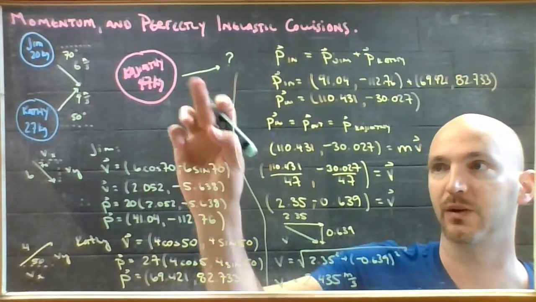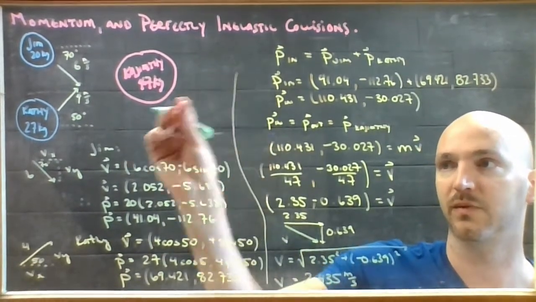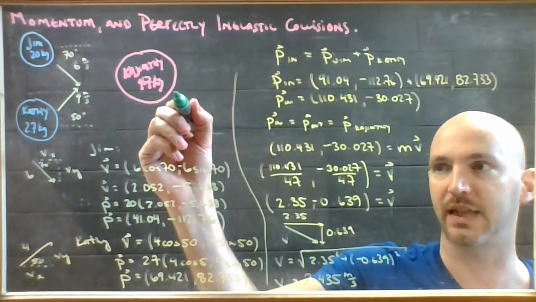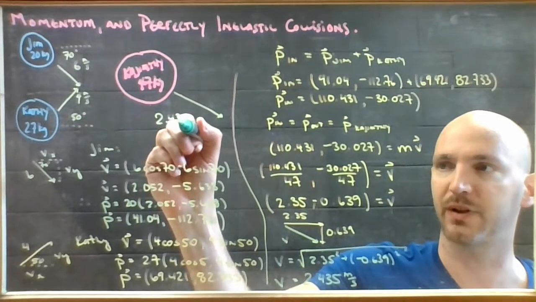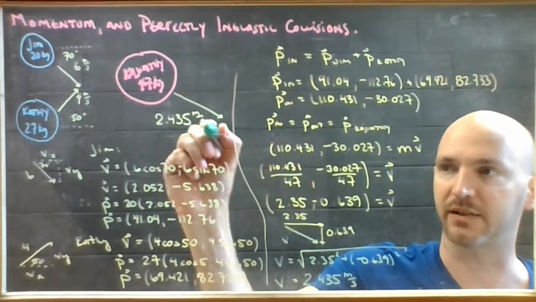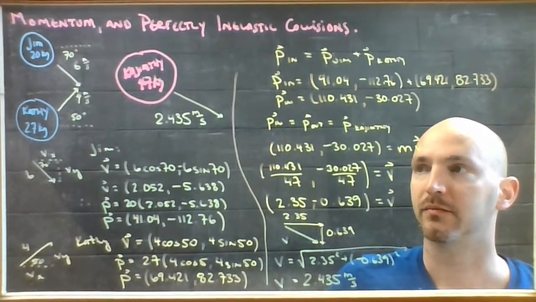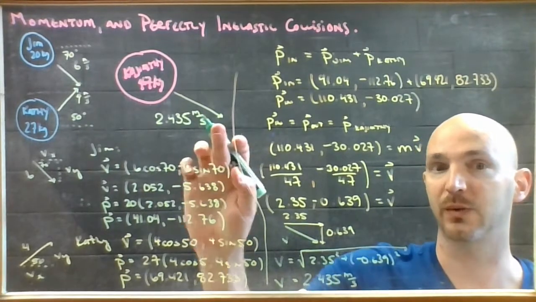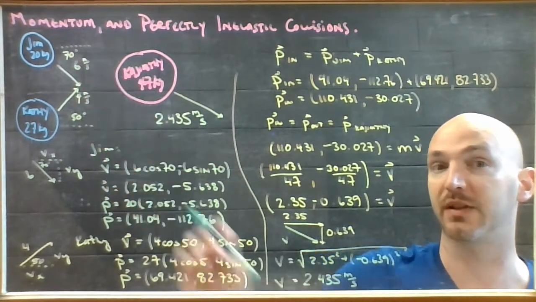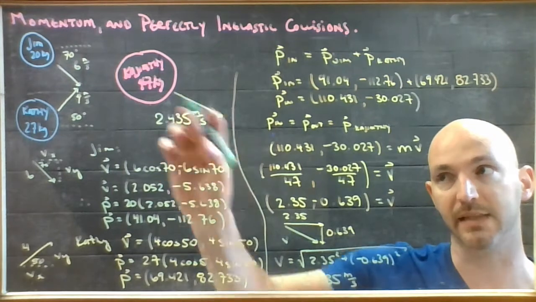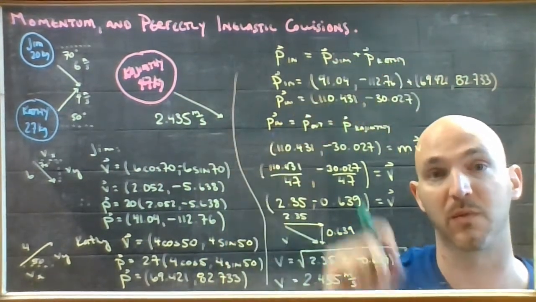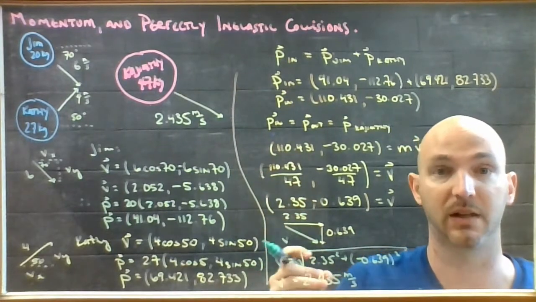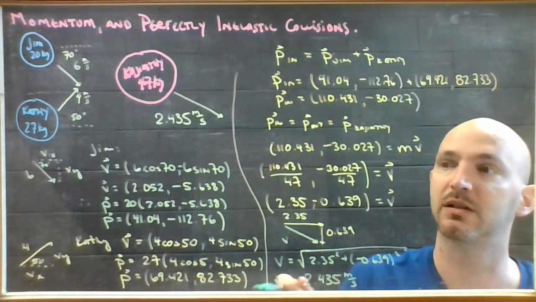All right, so this object here is headed that way at 2.435 meters per second. Lovely. Now you notice that that is slower than both of these two speeds on the way in, and that's due to the fact that the upward momentum and the downward momentum had to eliminate each other a little bit.